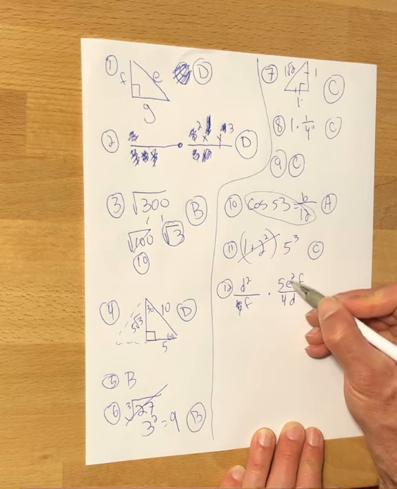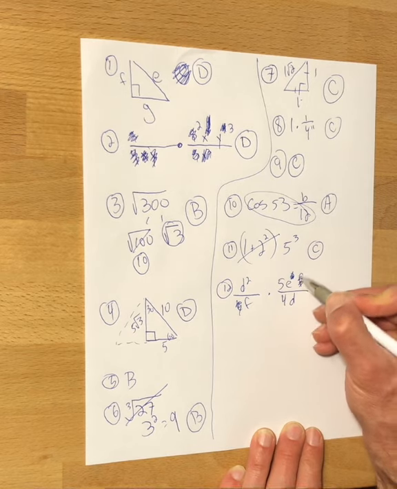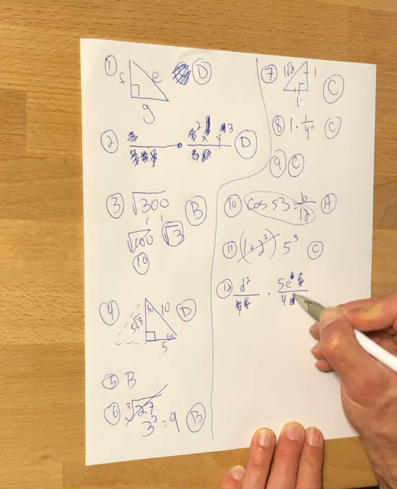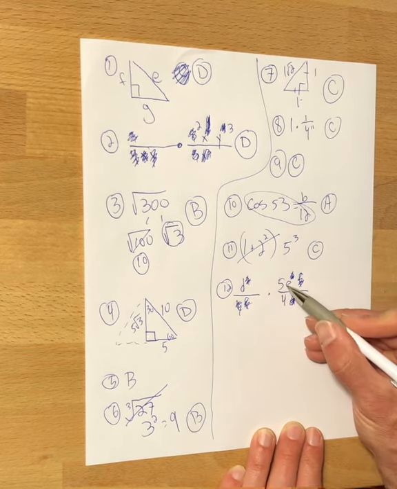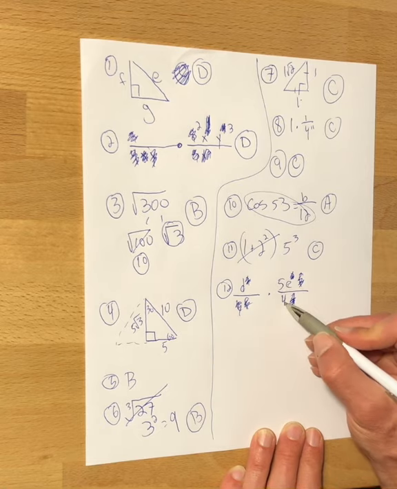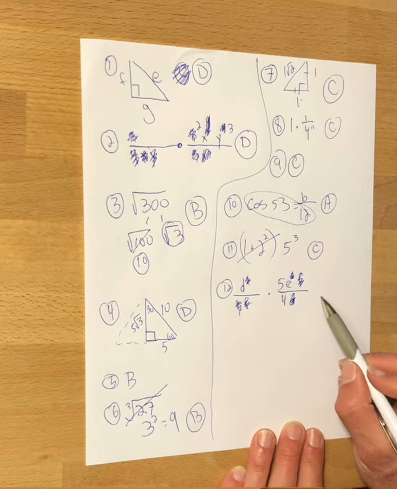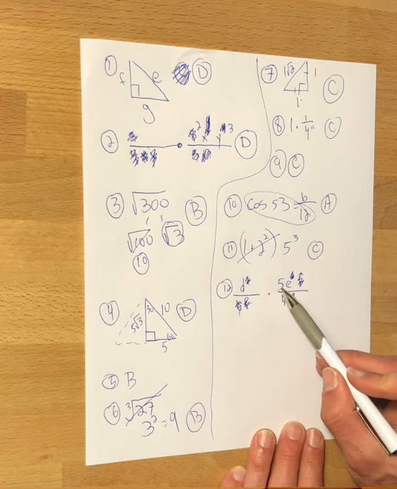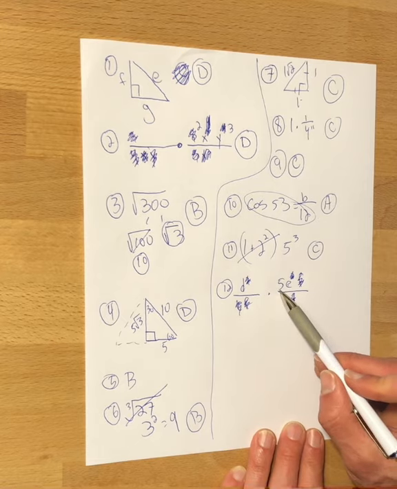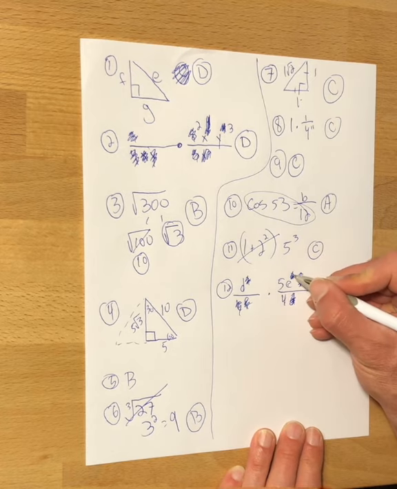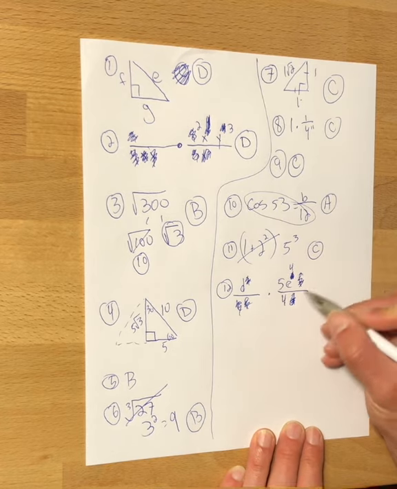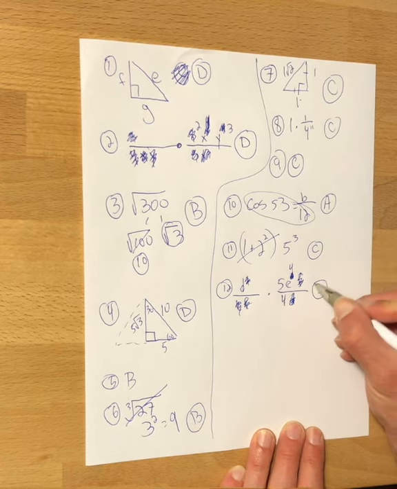These e's cancel out. These f's cancel out. This d cancels out, leaving me 5de over 4. 5 de to the fourth, over 4, which is letter choice D.